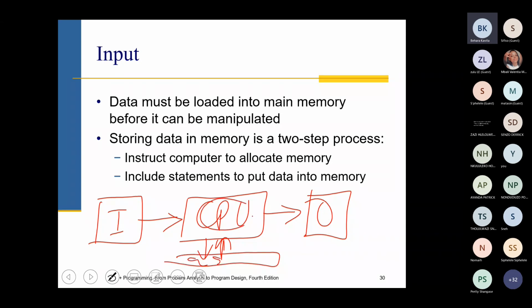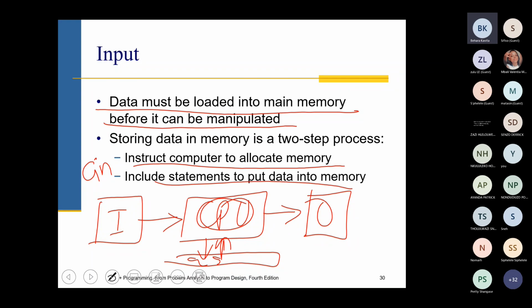And within the CPU, you have your ALU and your memory. That is why it is written that data must be loaded into the main memory before it can be manipulated. Then you store the value. How do you store the value? Here we are using cin, so that the computer allocates the memory and includes the statements to put the data into the memory. That is why we are using cin, right?